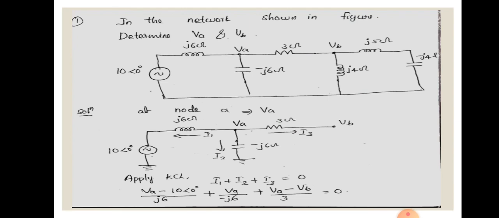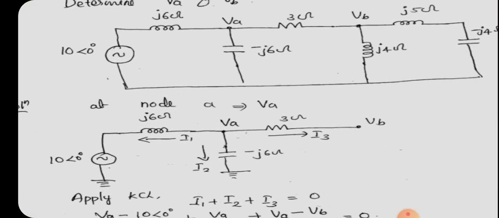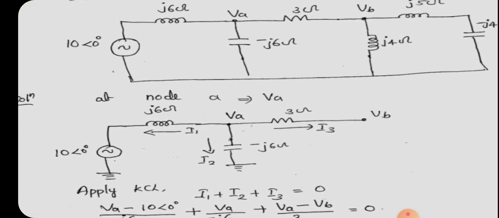First of all, you have to consider each and every node, mark the currents in every node, and assume that all the branch currents are leaving that node. Starting from the node A where the voltage is VA, you can draw the diagram. The branch elements connecting to the node A are inductance J6 ohm, capacitance minus J6 ohm, and resistance 3 ohm.